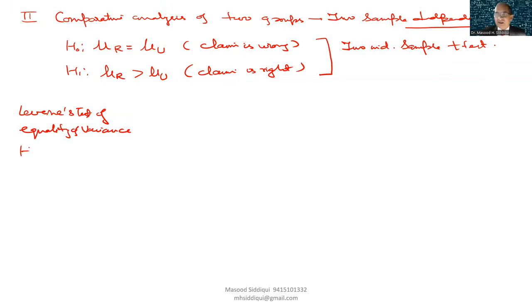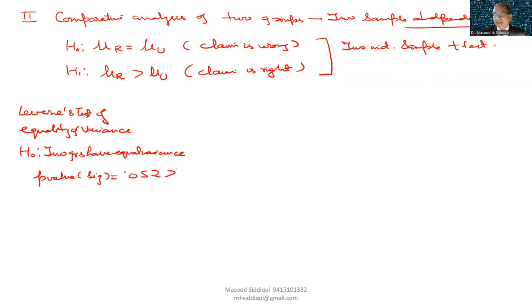So as always, the null hypothesis proposes that there should not be any difference, right? The difference should be null. So H naught would be: two groups or two samples have equal variance. Now, as we see for the p-value that is given here for the Levene's test, that is significance, this is 0.052.